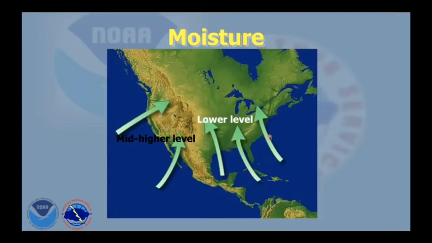So moisture, we generally get our moisture from the Gulf of Mexico. As I alluded to earlier, well, here are our mountains. Moisture moves from the southeast to the northwest towards southern Colorado.